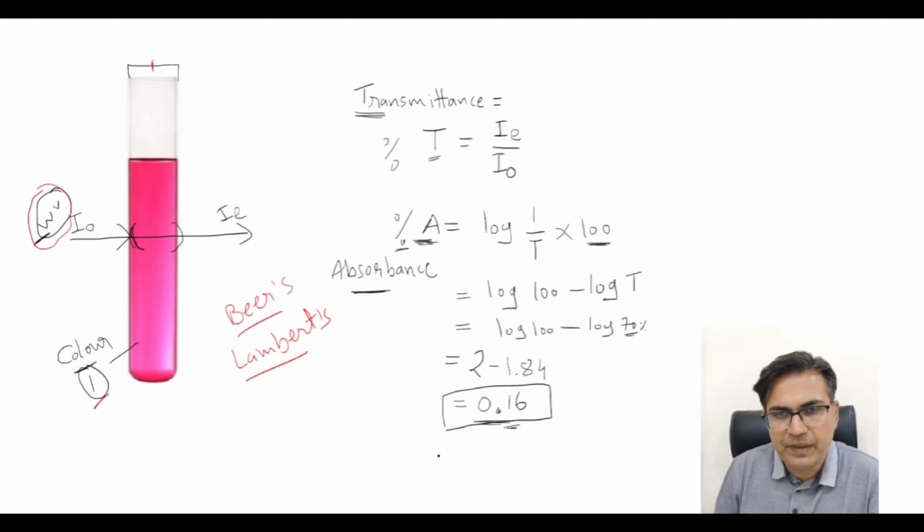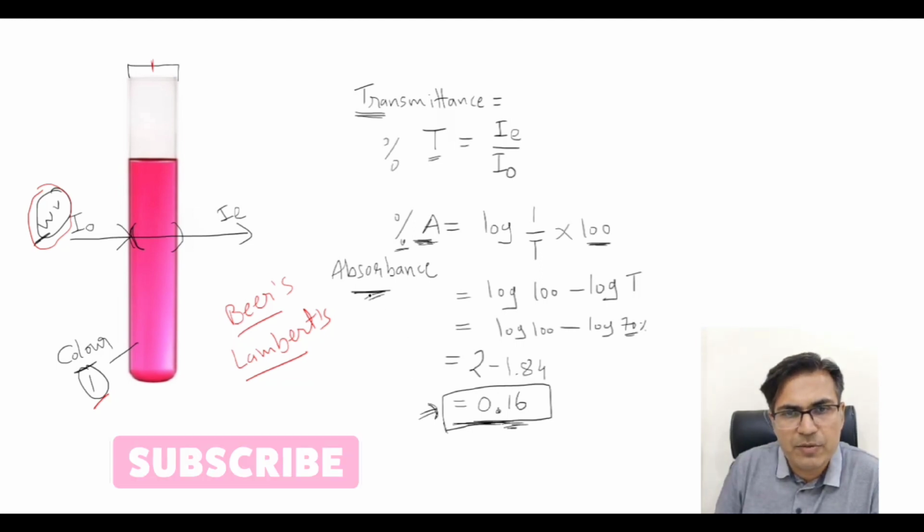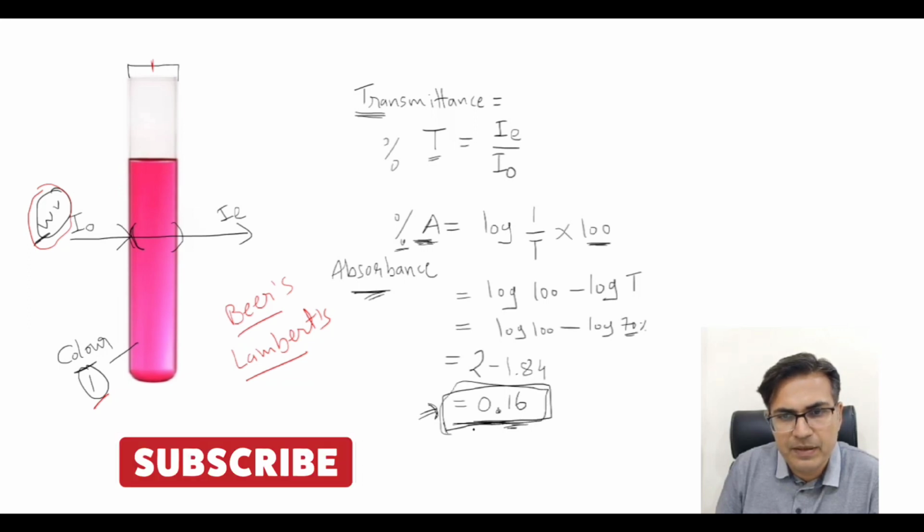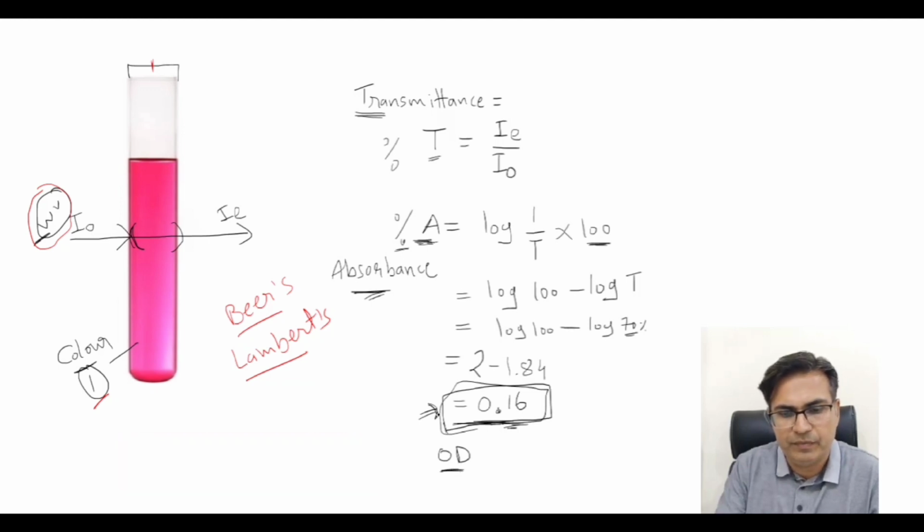Okay, now you have got the point of how absorbance is calculated by this colorimeter, and we get one number, which is called optical density, short form OD. So till now what we have is one number, the optical density of this colored compound, of this unknown test solution.